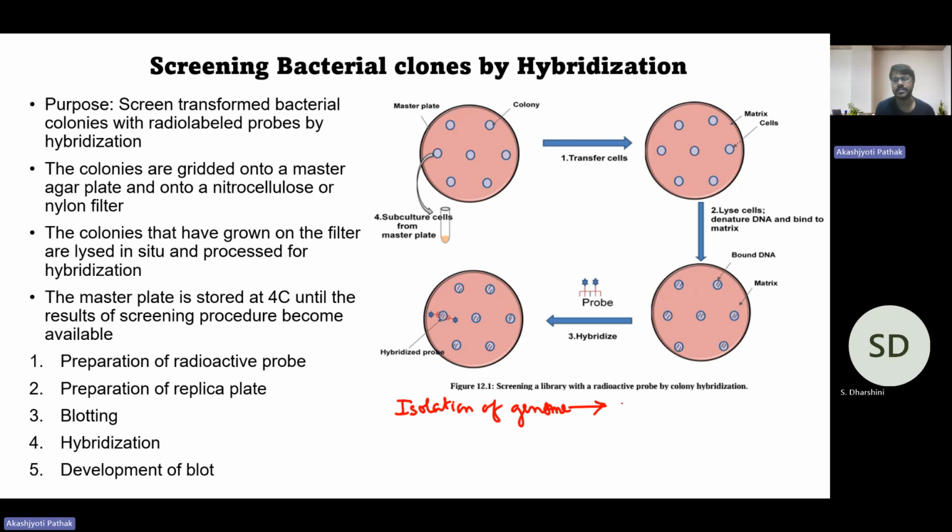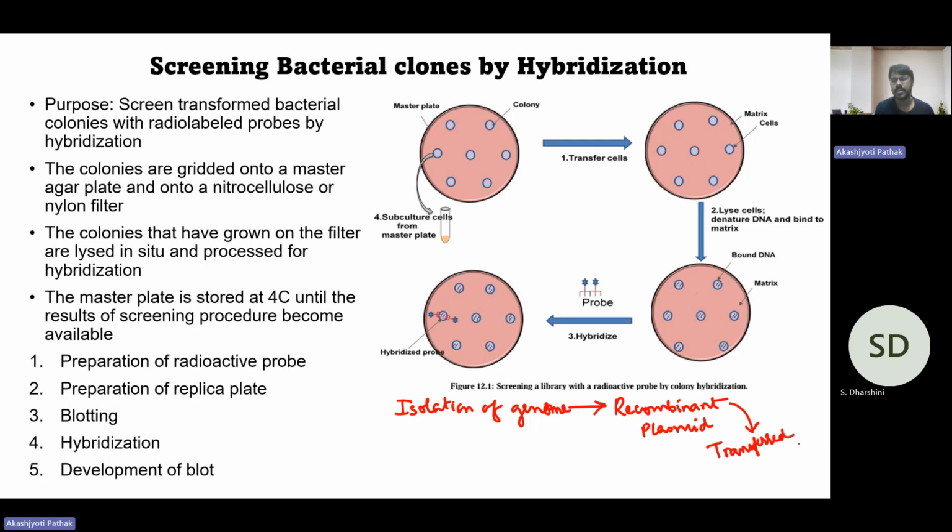Then you created this recombinant plasmid by ligation reaction. So you ligated your vector with the gene of interest, and you got this recombinant plasmid, and then this recombinant plasmid is transferred to a host cell.